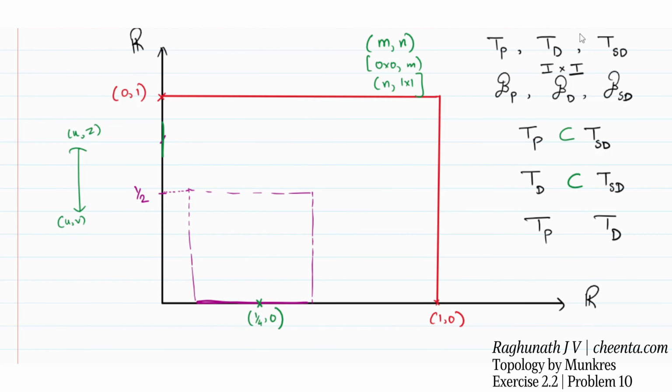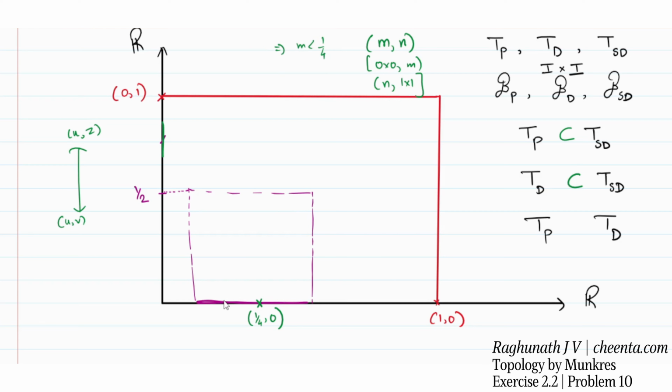Because if m value is greater than or equal to 1 by 4, then 1 by 4, 0 does not belong to this. But we want it to belong to the basis element in BD, which is a contradiction. So we want m to be less than 1 by 4.